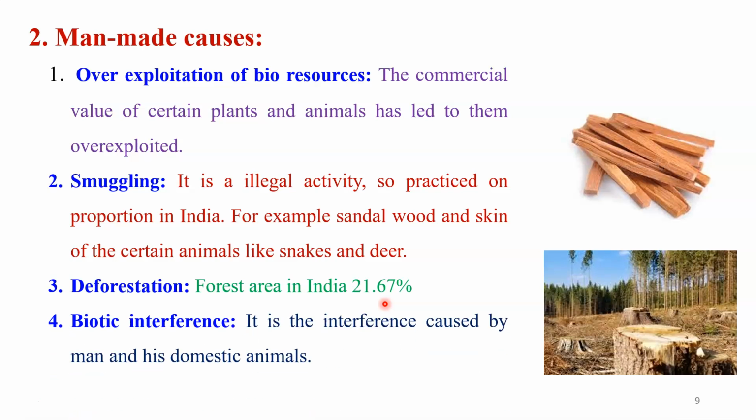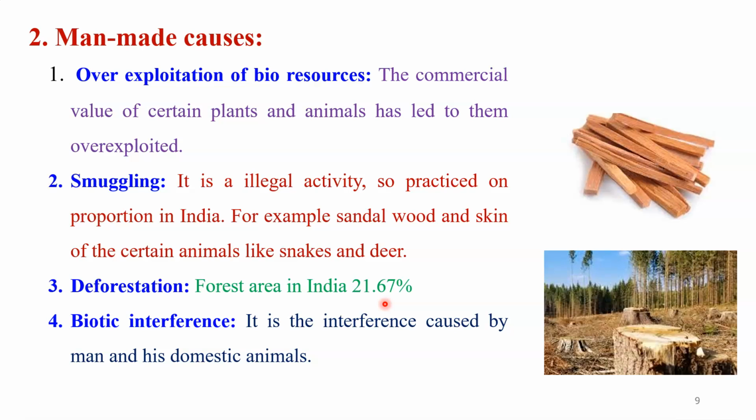Next is biotic interference. Interference is very important. As I just mentioned, when human beings carry out various economic activities or fulfill their various needs, they directly or indirectly use the natural resources available within the country. It may be plants, animals, or other biotic factors.